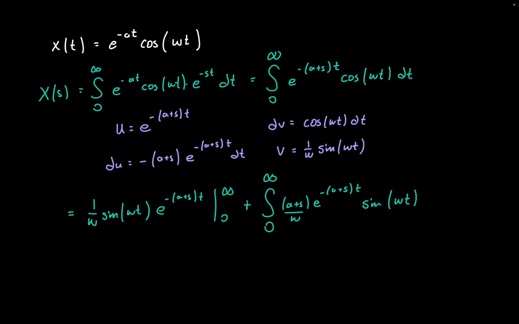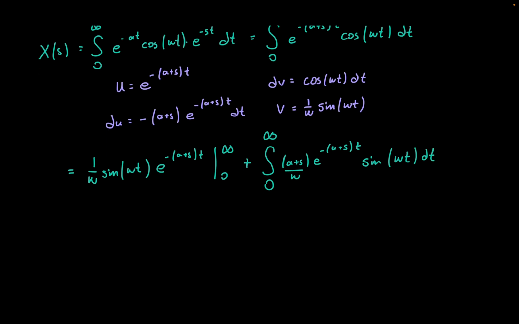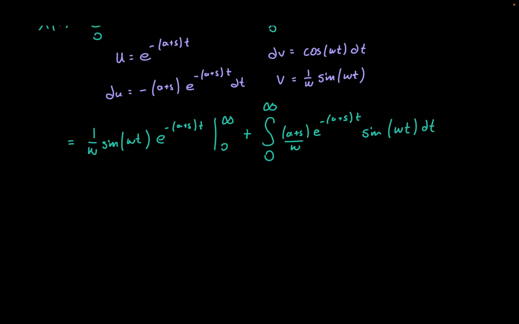of omega t dt. Now, real quick, if we evaluate this at infinity, we have 1 over omega sine of omega times infinity, and then e to essentially negative infinity, because we have negative a plus s times t, and t goes to infinity.